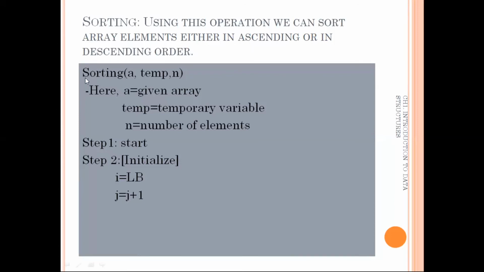The name of the algorithm is sorting. Values passed are a, temp, n. Here a is the given array, temp is the temporary variable, n is the number of elements.